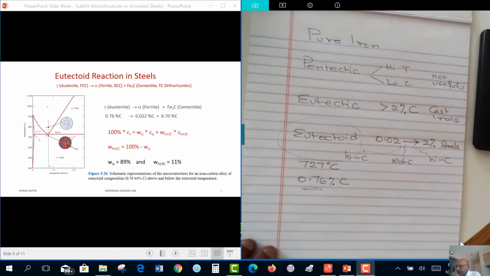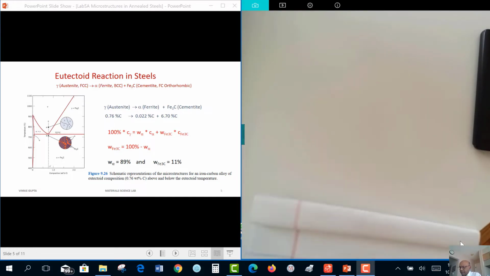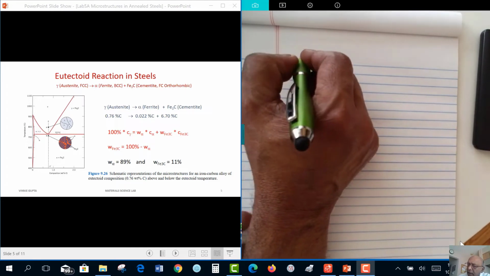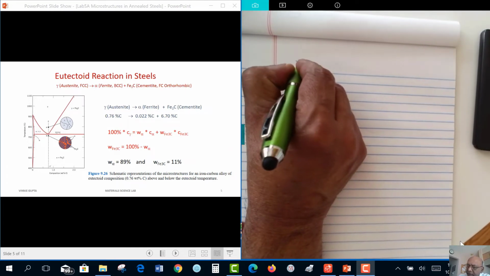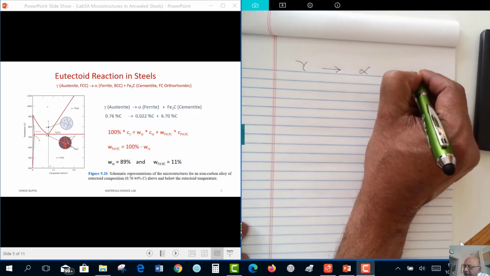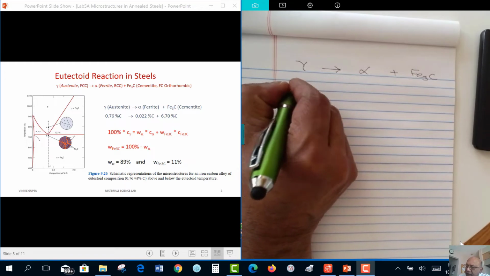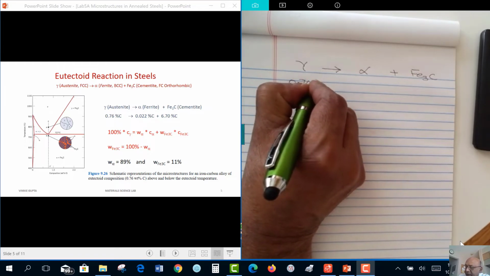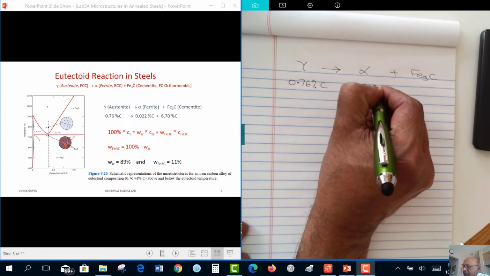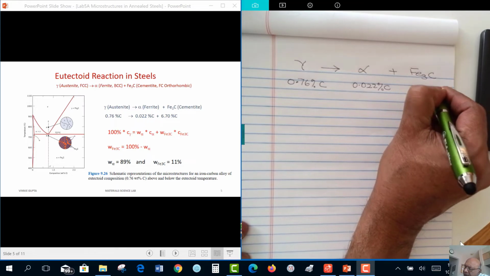So let's write down this reaction. We have gamma splitting into alpha and Fe3C. Of course, this composition we started with was 0.76% carbon. This is 0.022% carbon. This is 6.70% carbon.